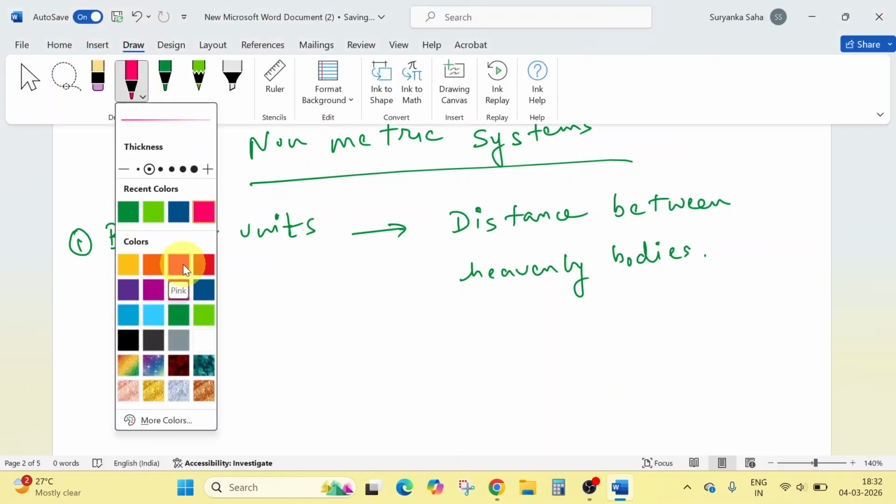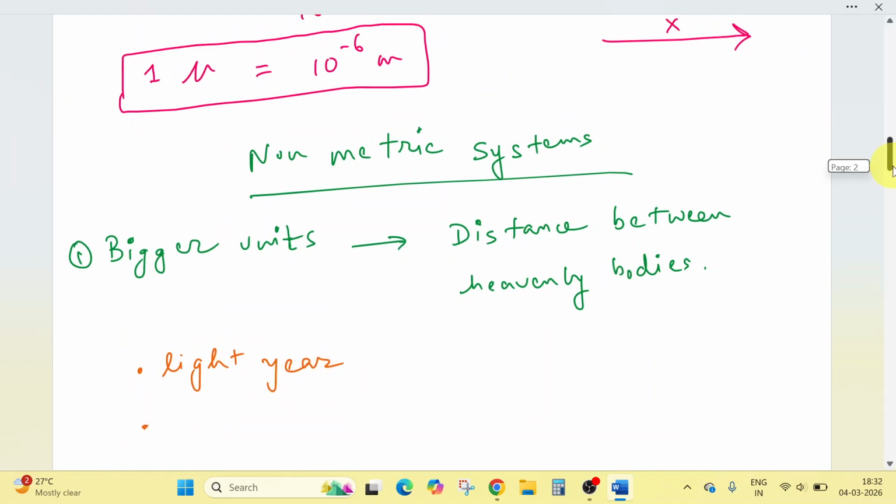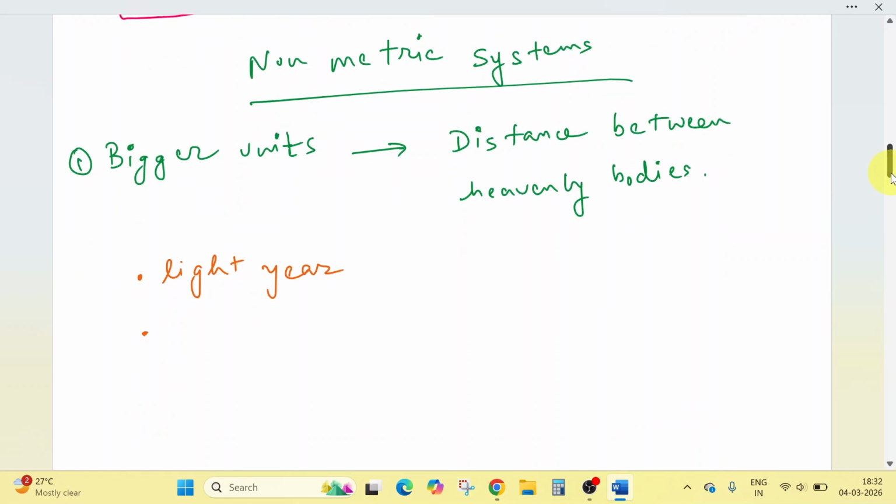I will give you some examples of the units. One is light year. Next will be astronomical unit, AU. It is basically AU.